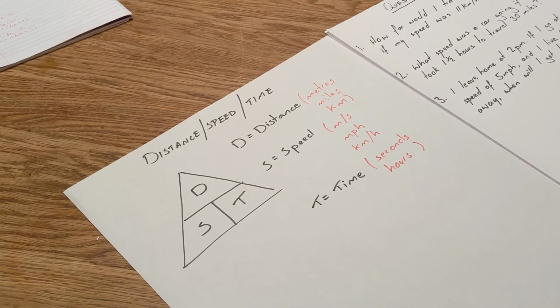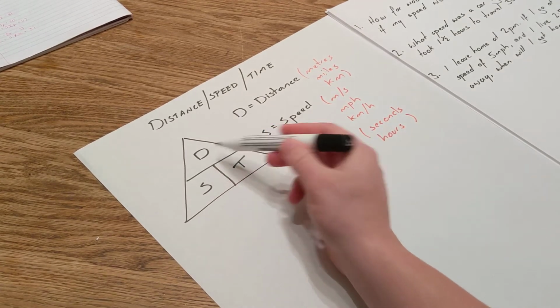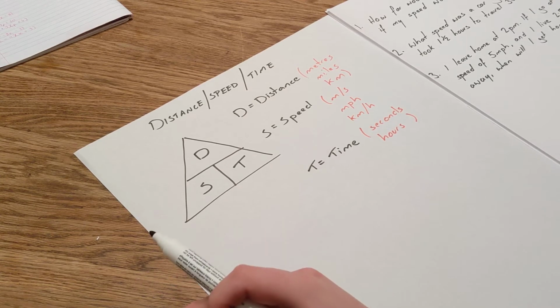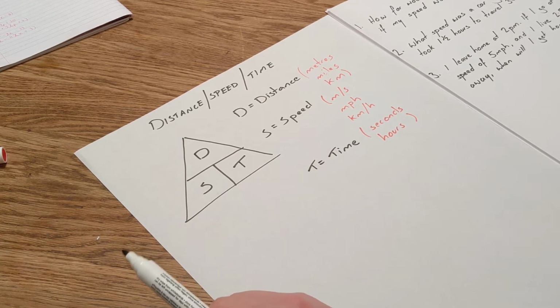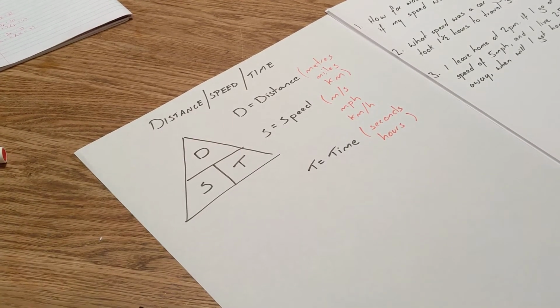Okay, but now we've got our triangle and we know what each of those things are, we need to know how to use the triangle, how this will actually help us answer distance, speed, time questions. So what we do is we cover up the part of a triangle that we're trying to find out.